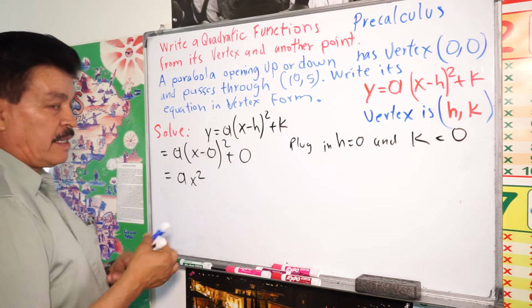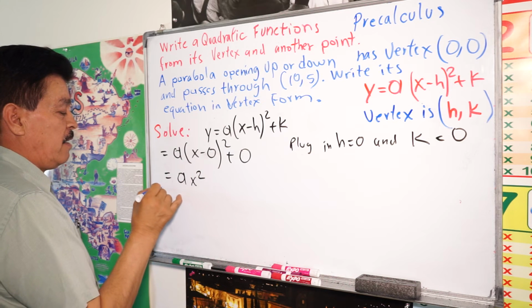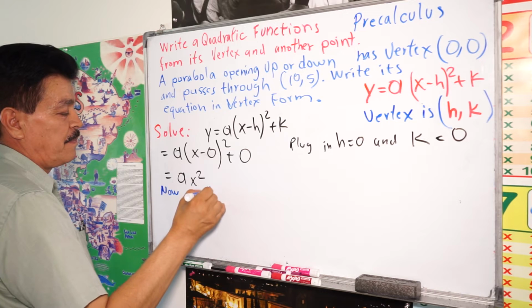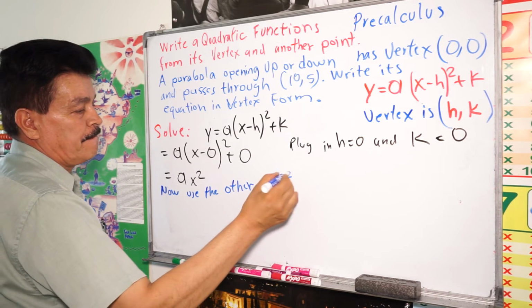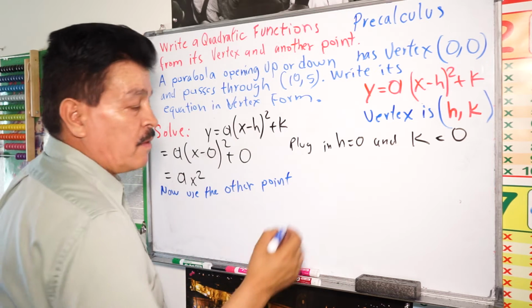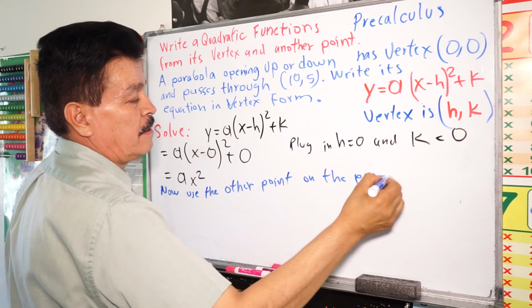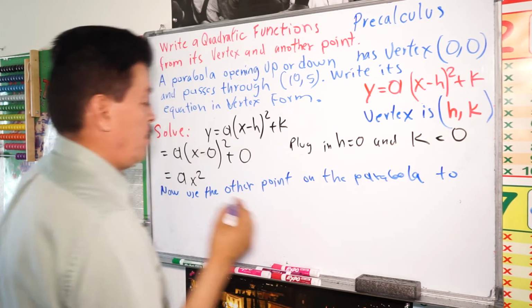So now next step, use the other point, this point on the parabola, to solve for a.